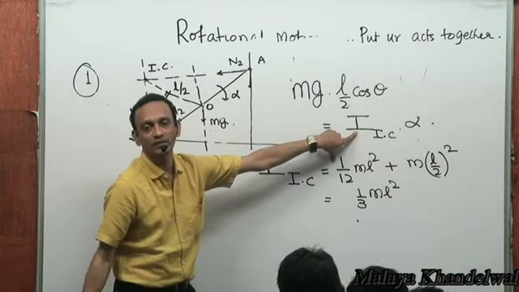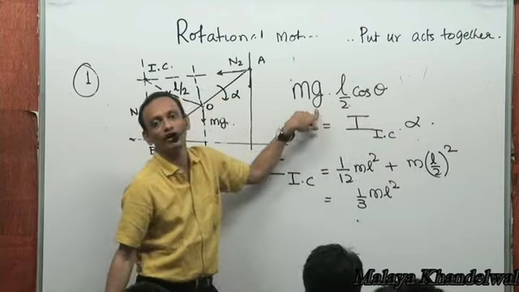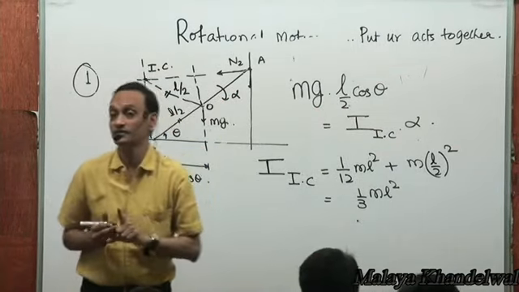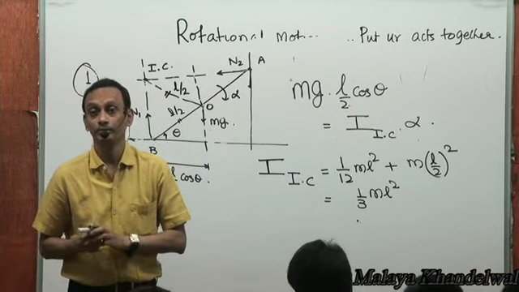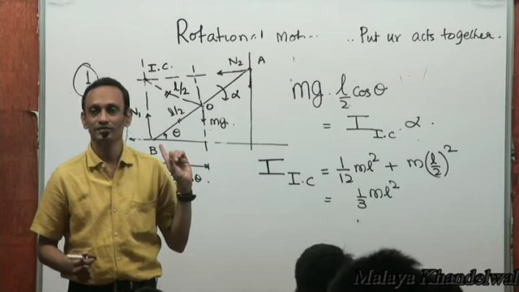So plug in I about the instantaneous center as 1/3 ml squared and obtain alpha right away from this equation. One line solution. That's all that it means. Right? All the physicality has been incorporated in it. Clear?